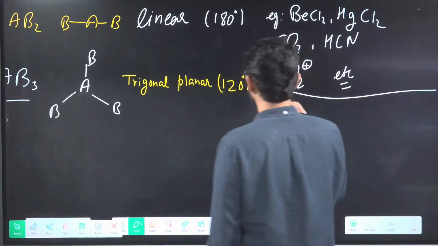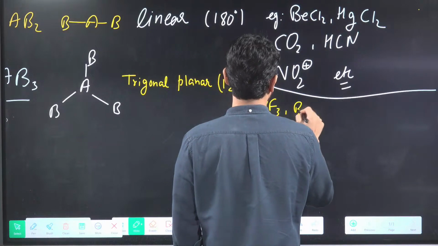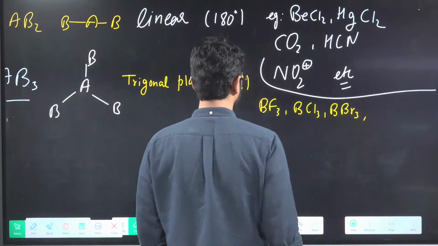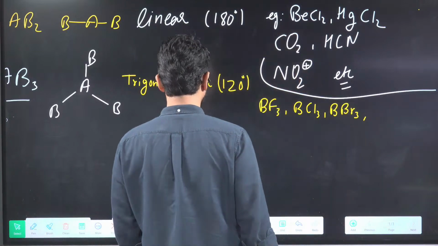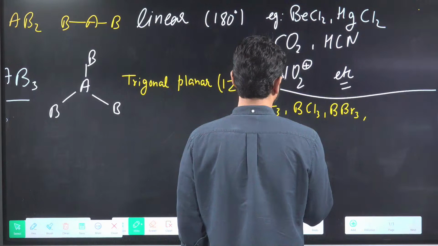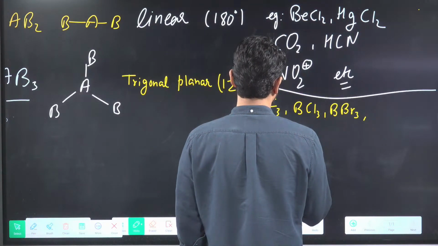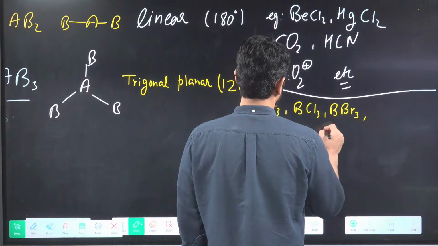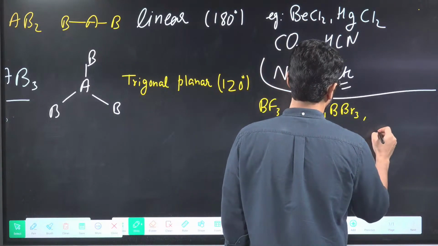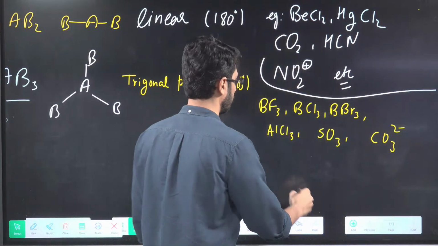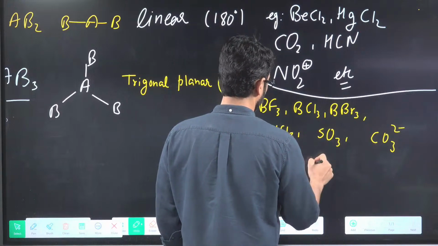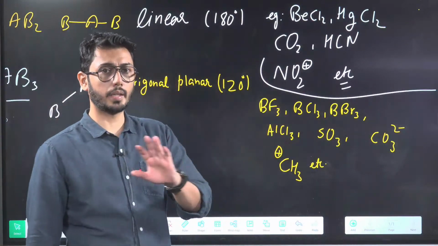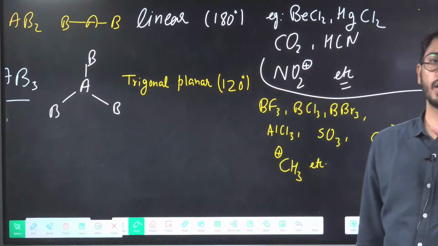BF3, BCl3, other examples also there. These all, if you observe, the central atom has no lone pair. What is there? There are 3 bond pairs present.